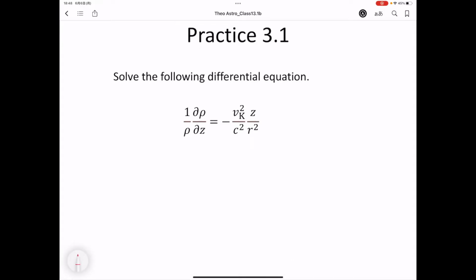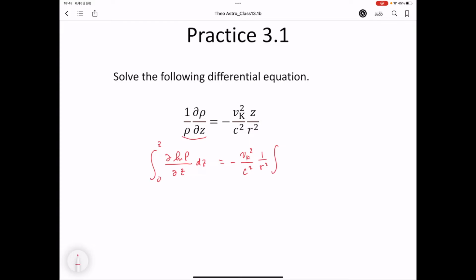Integrate both sides of the equation. The left hand side is expressed as partial log rho over partial z. Then we'd like to integrate from 0 to z dz. Minus v sub k squared over c squared is a constant value, and also r squared is a constant value.